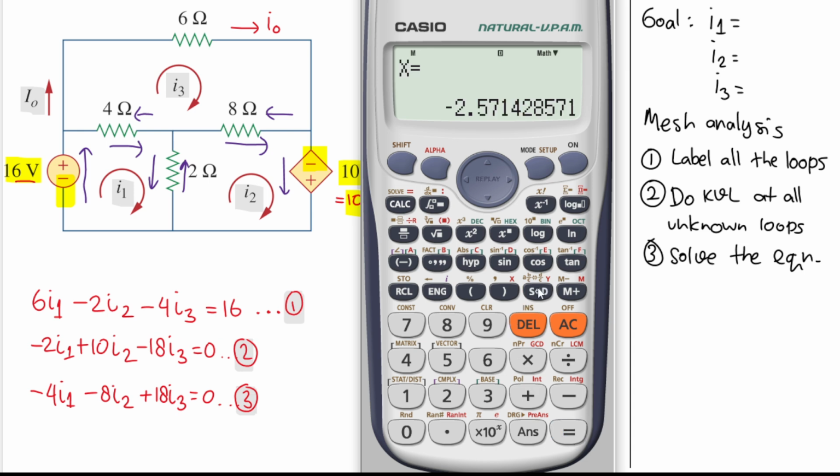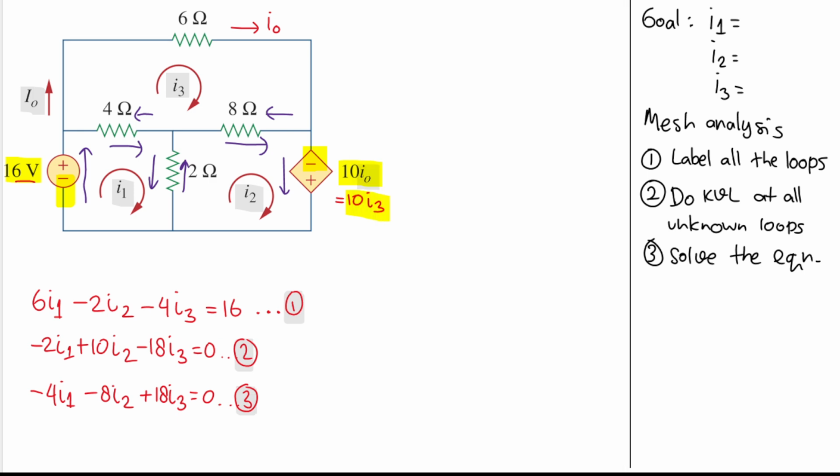So we will have our x value, which is the value of I1. So minus 2.571. So I1 will be minus 2.571. What about the unit? All the units here are in SI units, so this is in ampere. And then what is I2?